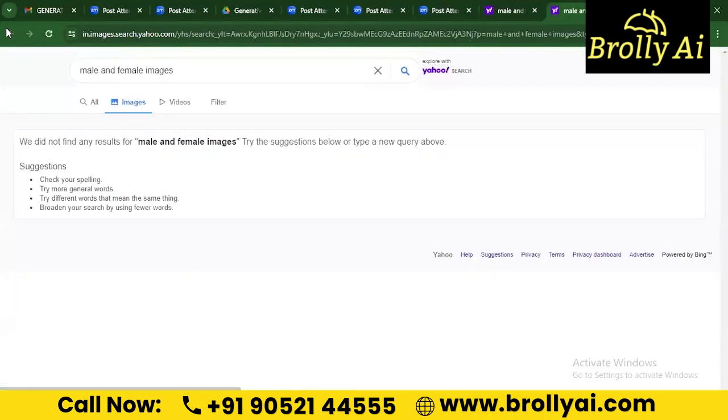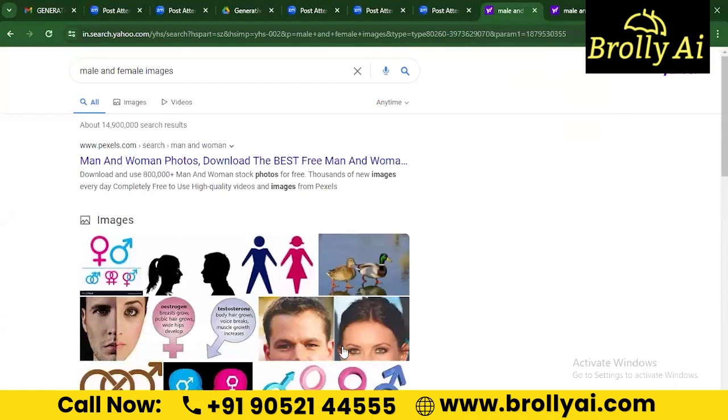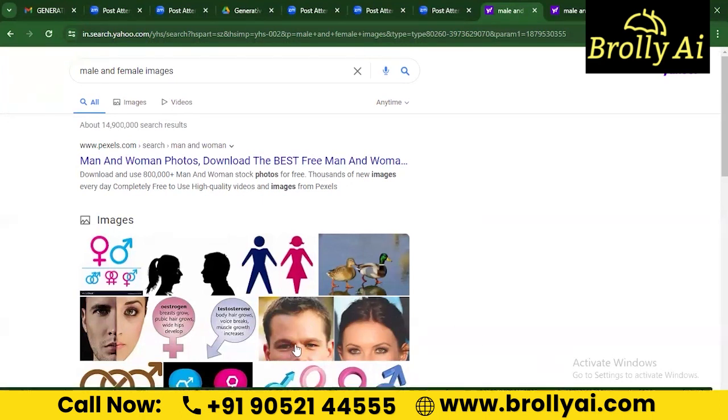Just look into this picture. Only the eyes part is there, the head part is there, a forehead, a nose, eyes. Among these two pictures, which is male, which is female, sir? To your left, male. To your right, female. That means the first one is male, the second one is female.